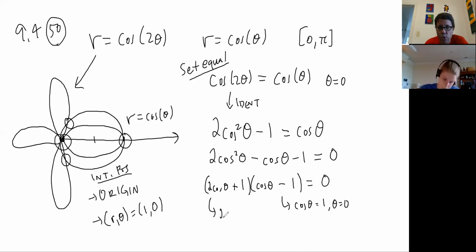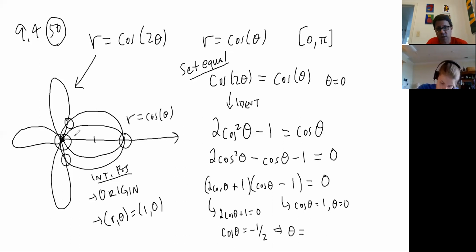Here, that means that 2cos θ + 1 is going to have to be equal to 0. Two things multiplied together being 0 means one of them has to be 0. So I bring the 1 over and divide by 2, and cos θ has to be equal to −1/2. So what angle will give that?